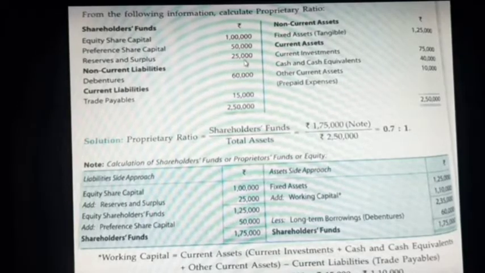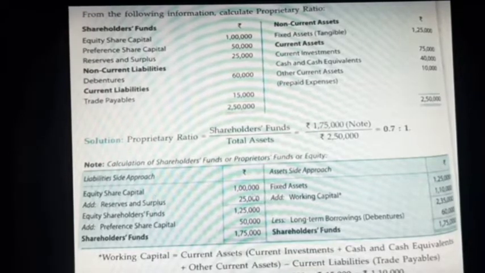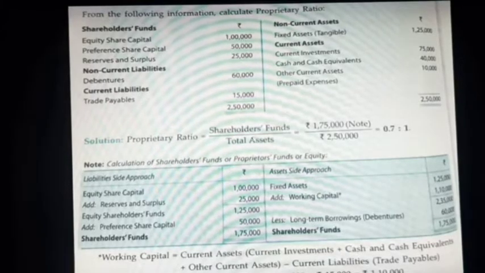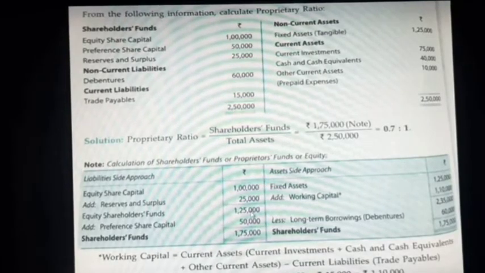Adding all these three items, you will get 1,75,000. That is your shareholders' fund. So through the liability side approach, you add these three items. Okay, this is your liability side approach.